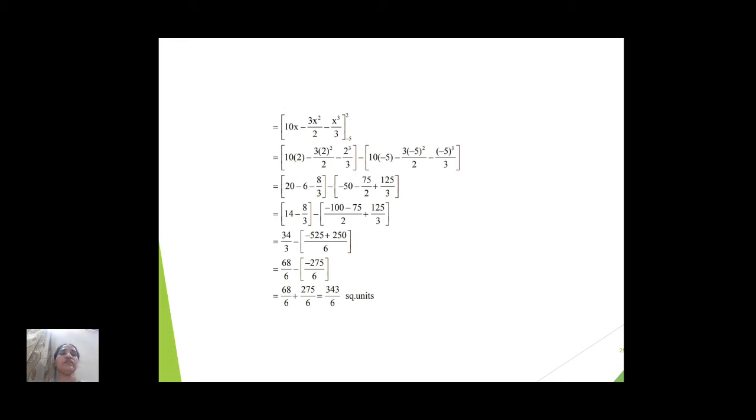Limits, then 20 minus 6 minus 8 by 3, minus of minus 50 minus 75 by 2 plus 125 by 3.